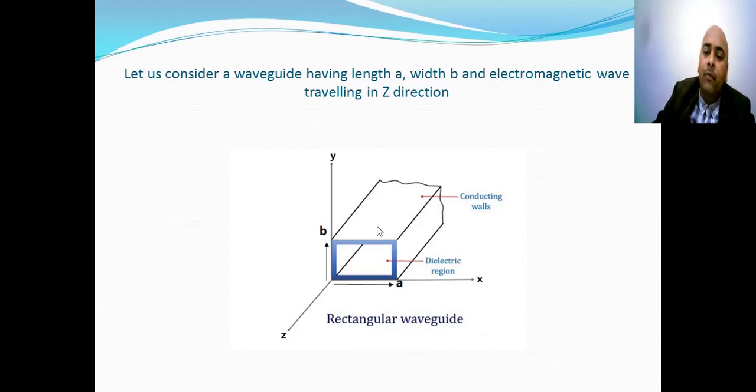There may be some y component of the electrical field, but Ex and Ez at y equal to 0 and at y equal to b will be equal to 0.